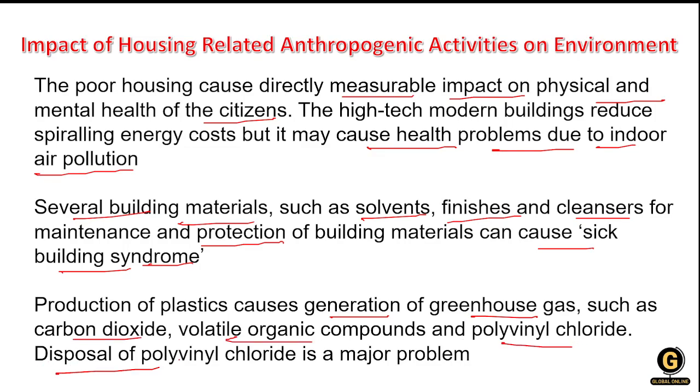And also disposal of polyvinyl chloride is a major problem. Getting it? So production or use of plastic can impact the environment, like emission of greenhouse gases, like carbon dioxide and volatile organic compounds.